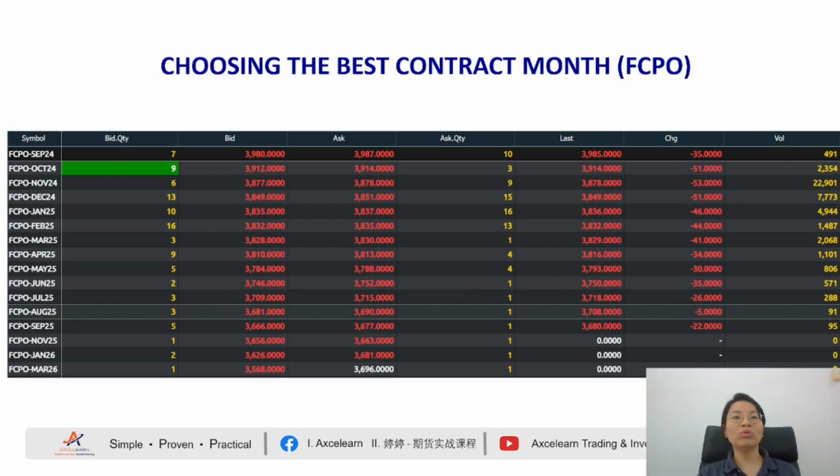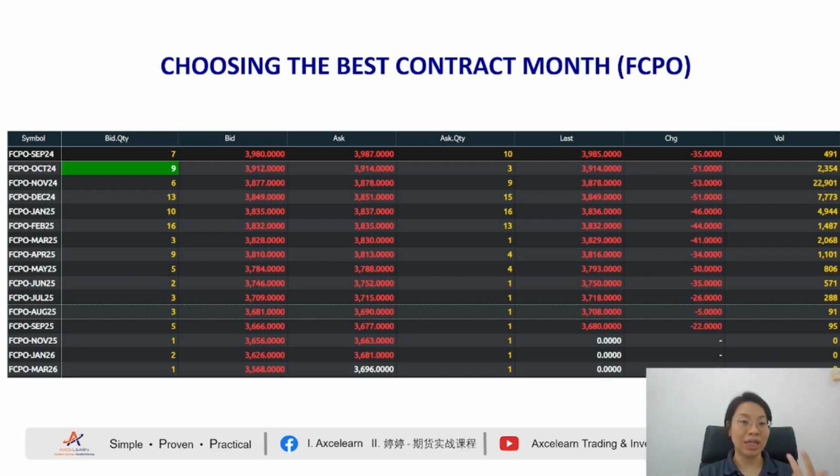But as I mentioned to you, one of the concepts that is very important for you to understand is provided you are going to trade a further month, your number of contracts is not too high. For example, if every time you are trading, let's say 1,000 contracts, and you are going to trade, for example, May 2025, where daily volume is about 1,000 plus minus, then it's harder for you to get out from the market when there's a very huge volatility, or when you need to close your contract.